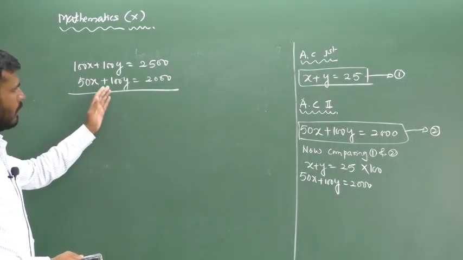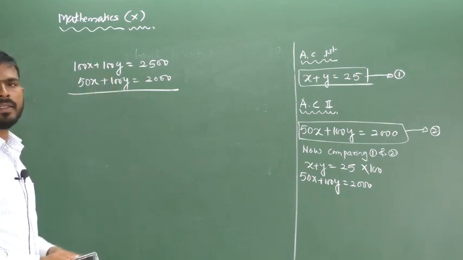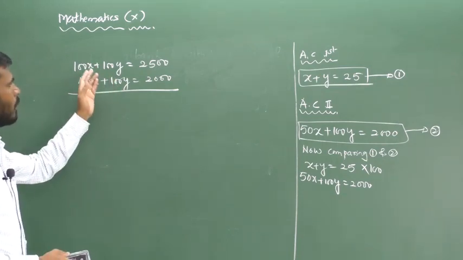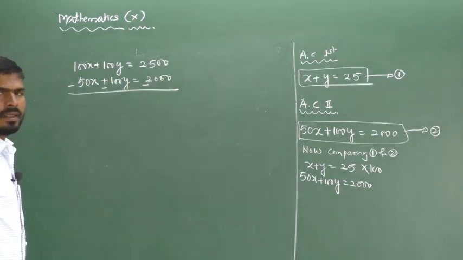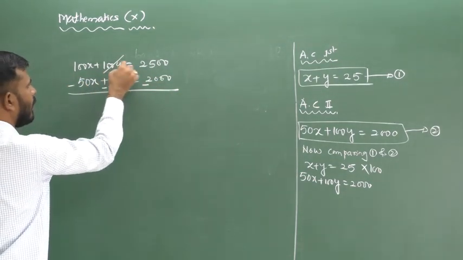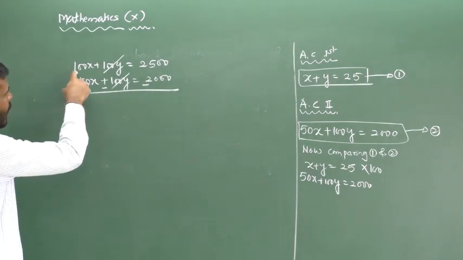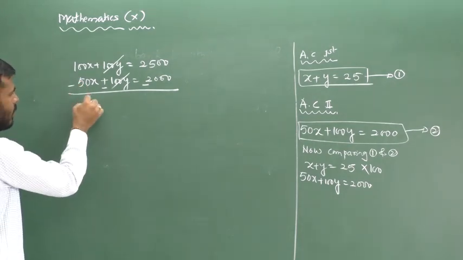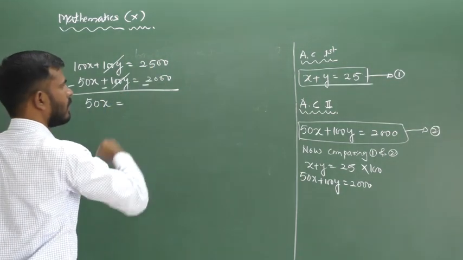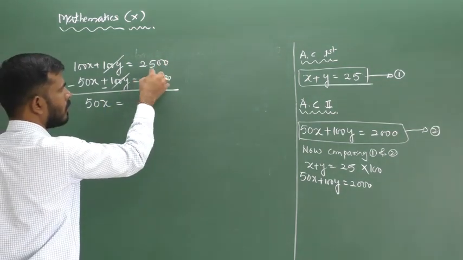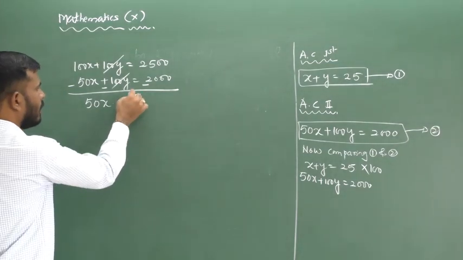The coefficients of y are equal, but the signs are plus and plus, so we change the sign of all terms in the second equation. Minus 100y plus 100y get cancelled. Next, 100x minus 50x equal to 50x, and 2500 minus 2000 is 500.